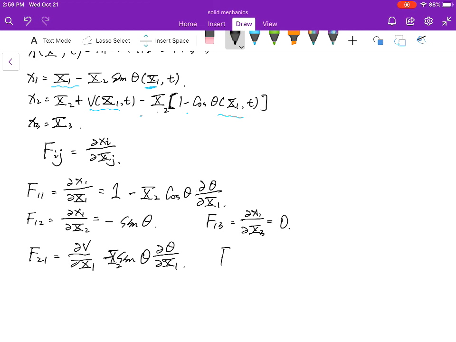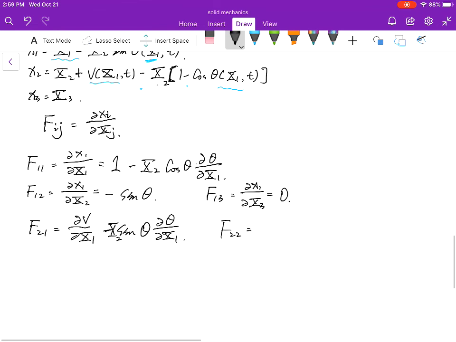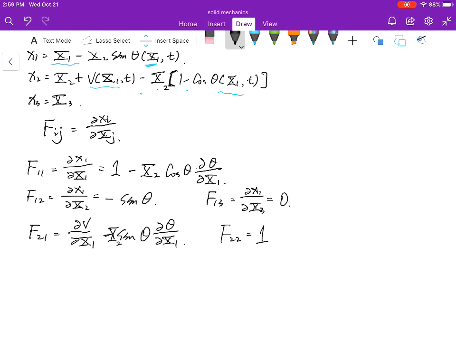And then we have F22. Let's see what this F22 looks like. The first term is 1, then the v term is 0, and then minus X2, so it's minus cosine theta because cosine theta is a function of X1.